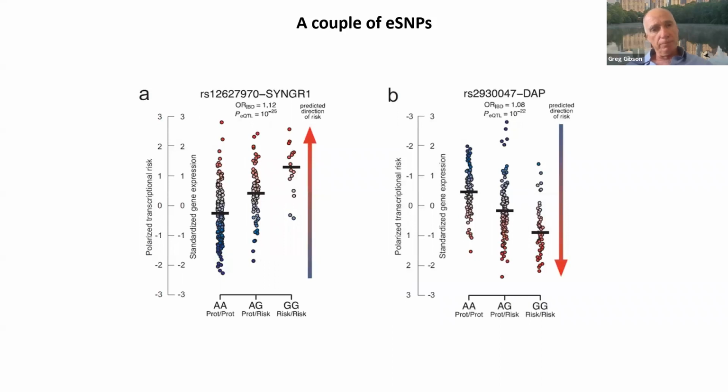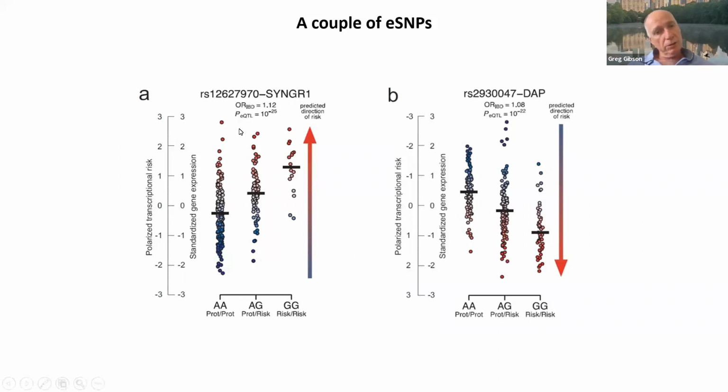Okay, so this is just a couple of examples. This is from peripheral blood gene expression from a sample of a couple of hundred individuals with bowel disease.